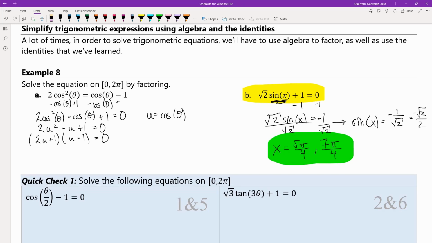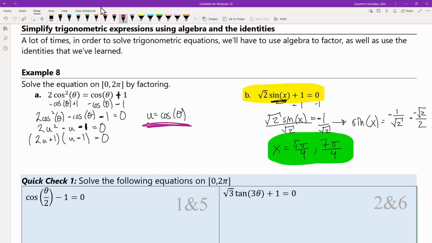Look at me go. I've got a correction that I need to make. Plus 1, so this is minus 1, minus 1, minus 1. My bad. Make that change in your notes, please. Now it's equal to it. There we go.